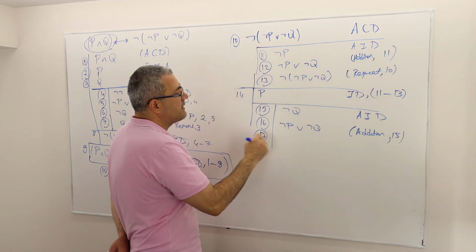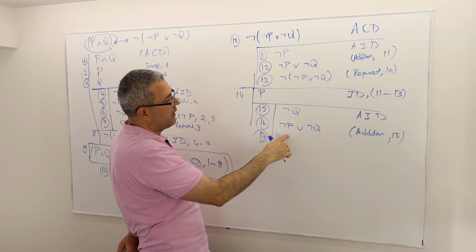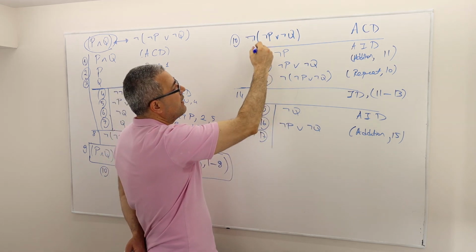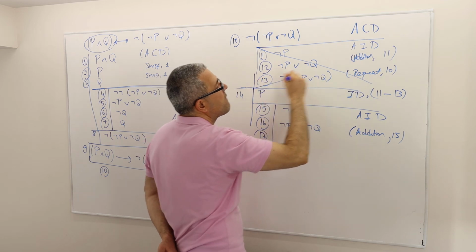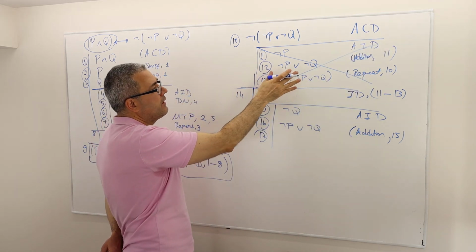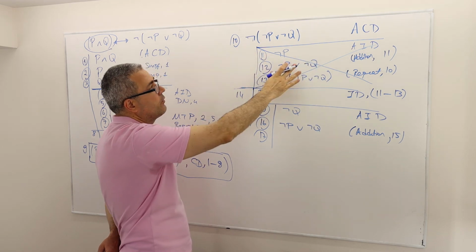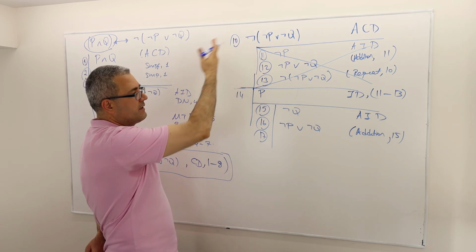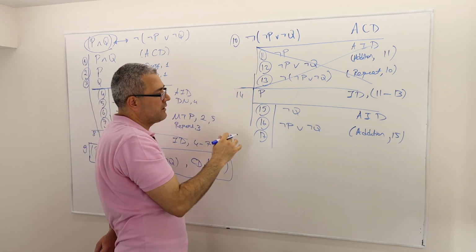So in line 17, I'm going to repeat, okay, what? I can't repeat anything in this box. So let me just cancel everything here because I already closed this box. That means I can't use all these arguments. But I can repeat 10 because the second part of the proof is not closed yet.